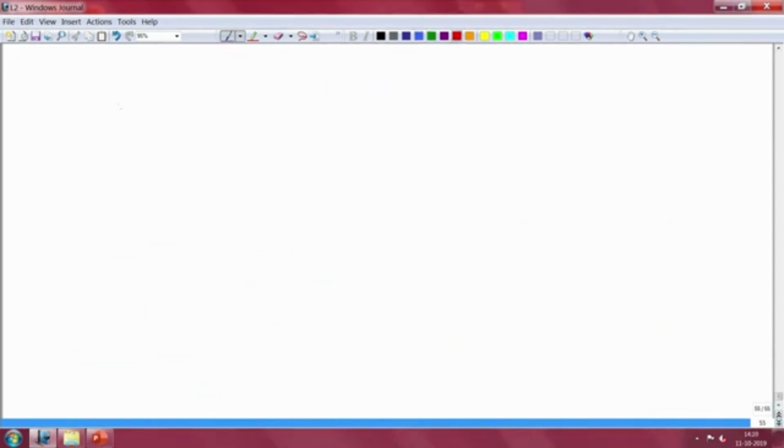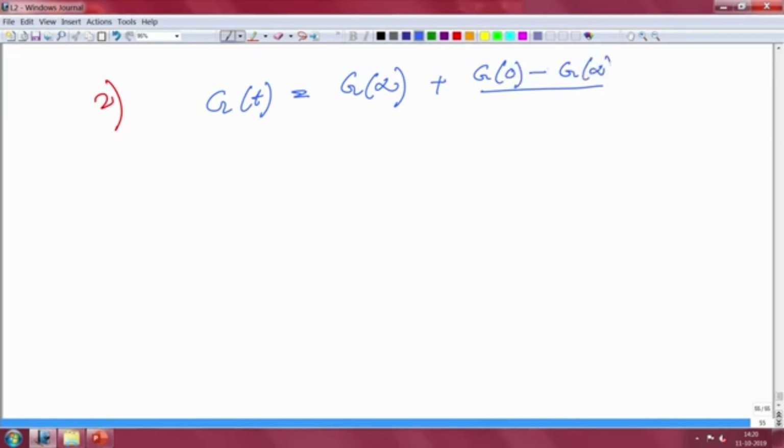Another possible functional form is a rational polynomial form, where GT is equal to g infinity plus g naught, where g 0 means g at t equal to 0, and g infinity means g as t tends to infinity, divided by 1 plus t by lambda to the power some n. And this lambda is a fitting parameter that you can determine.